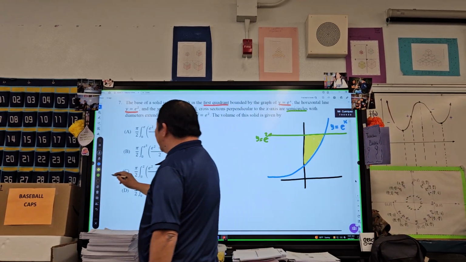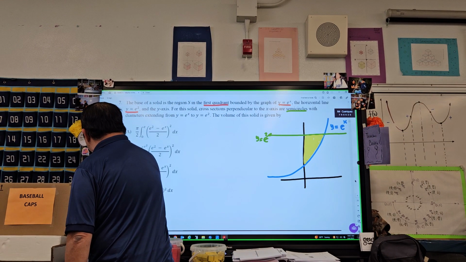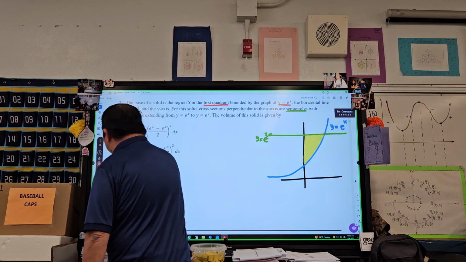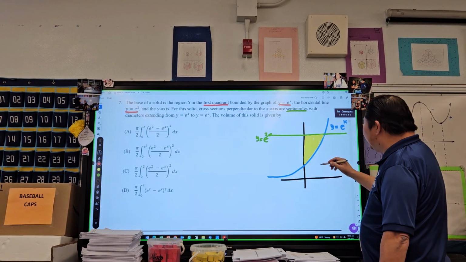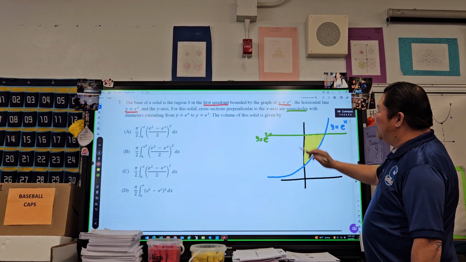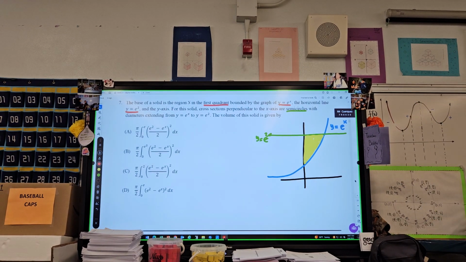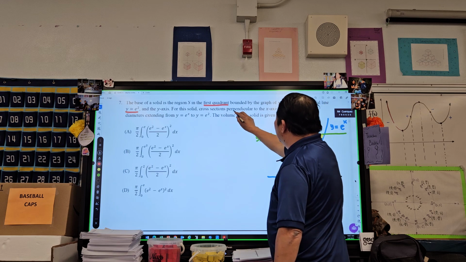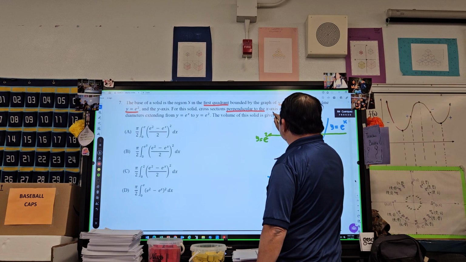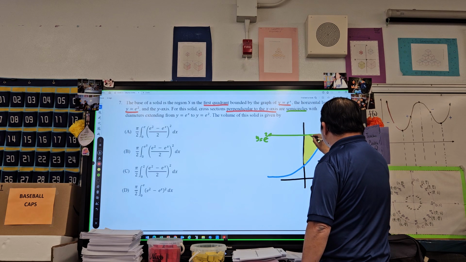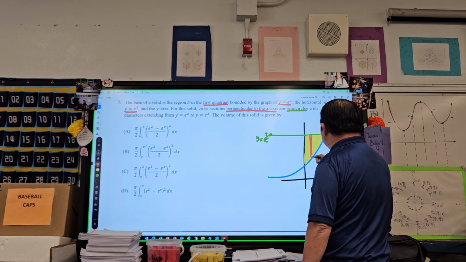And then you said it's a semicircle. So I'm gonna use red color for a semicircle right here for you to understand that this is along the x-axis, so perpendicular to x-axis, perpendicular to x-axis. So which means this one is perpendicular to here.